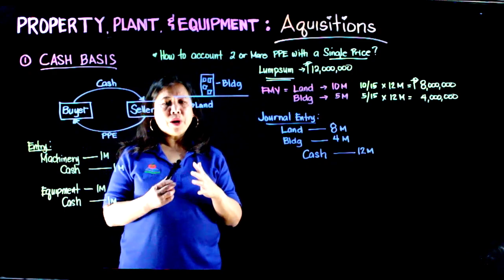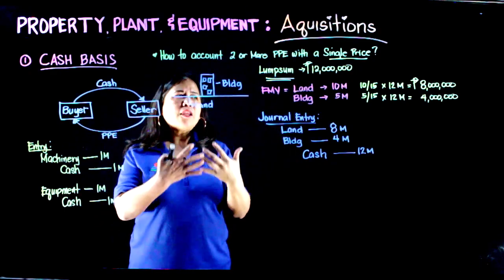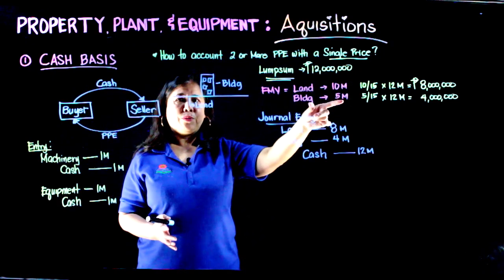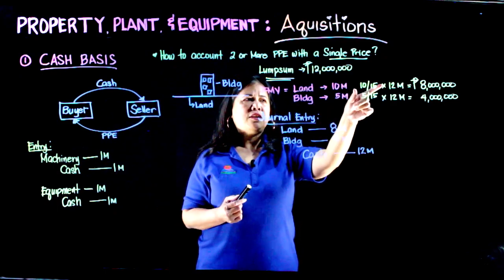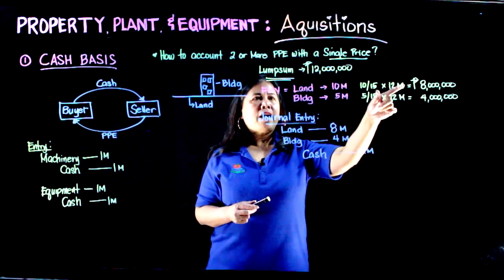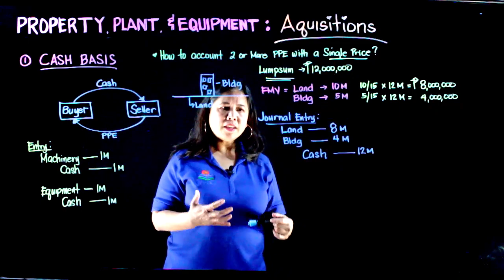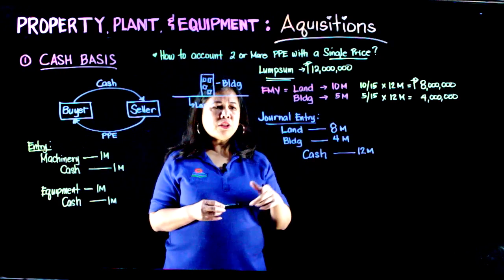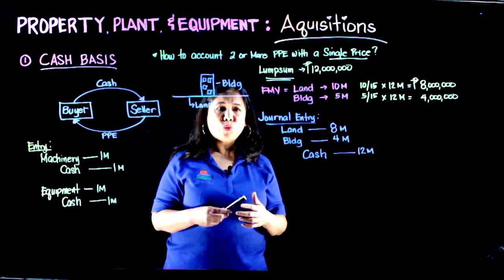Dahil merong fair market value ang dalawang assets na ito, i-allocate natin according to their fair market value. Ang para sa land or fractions for the land is 10/15. Then we multiply that to the lump sum price of 12 million. So, ang entry natin is debit to land of 8 million and debit to the building of 4 million and credit to cash of 12 million.